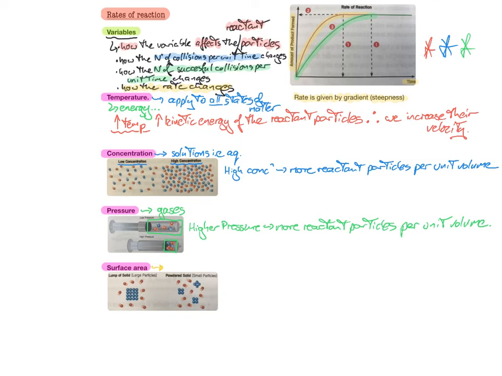Surface area only applies to solids. Now, if we look at the diagram below, we have a large lump of solid, i.e. large particles. Now, large particles have a low surface area. If you think of a brick, you can only touch the outside of the brick, so you can only touch the particles on the outside of that brick.